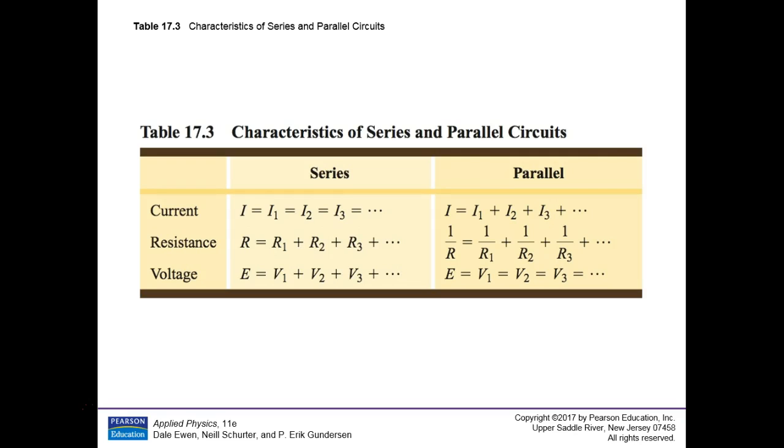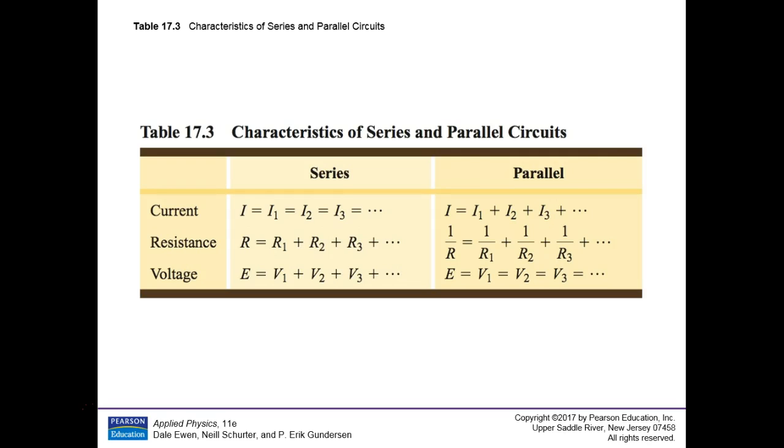Now your resistances, like we've just been doing, are added in a reciprocal sense. So 1 over the equivalent resistance is equal to 1 over R1 plus 1 over R2 plus however many we have there. And you have to use your reciprocal keys to do those calculations. But the voltage drop across any of those, in a parallel circuit, is the same across every resistor.